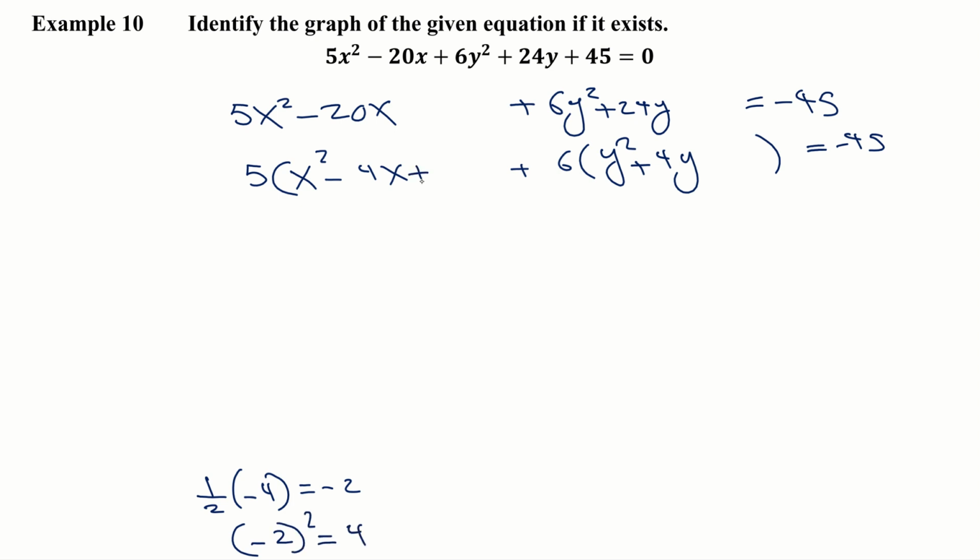So I get plus 4 within the parentheses. For the other one, I need to take half of 2, which is 2, and square it to get 4. So I need to add 4. So now we have 5 times x minus 2 squared.